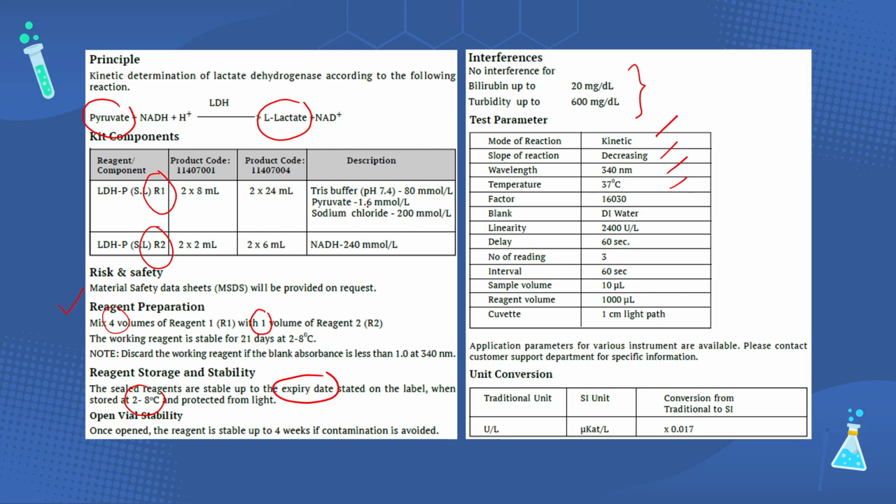And then, number of readings is 3 times every minute, so the interval is 60 seconds. Your sample volume is 10 microliter, and your reagent volume is 1000 microliter. Now, if you want to convert your U per liter to your SI unit, which is microkat per liter, then you need to multiply it by 0.017.